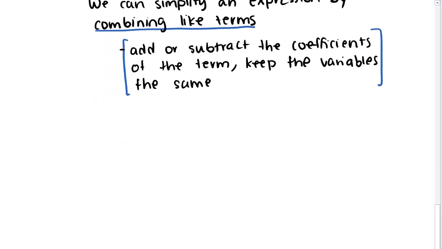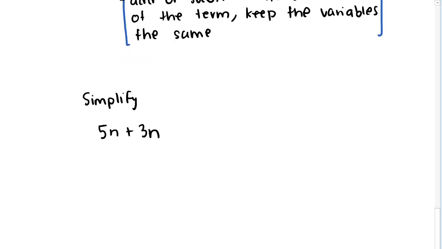Let me give a few examples. Let's say we want to simplify the following expressions. Maybe I'll write them one at a time. 5n plus 3n. I have these two terms here. They're like terms, they have the same variable factor. The only variable factor is n. To add these two terms together, to simplify this expression as a simpler equivalent expression, we just add the coefficients together, the numbers being multiplied in front of these terms.